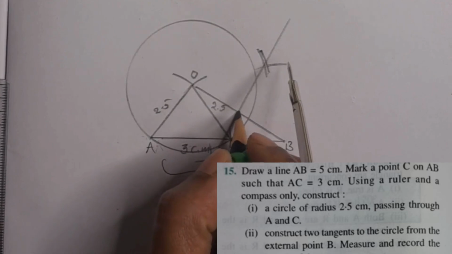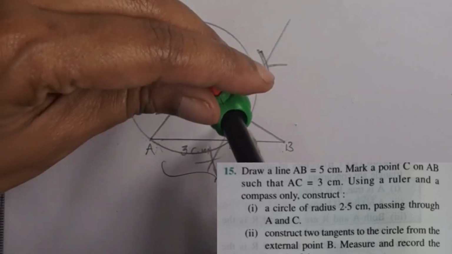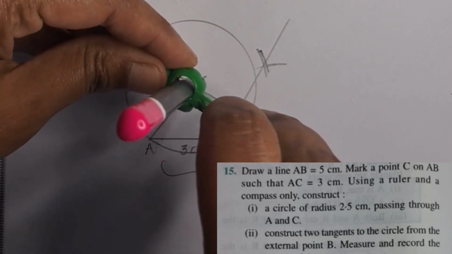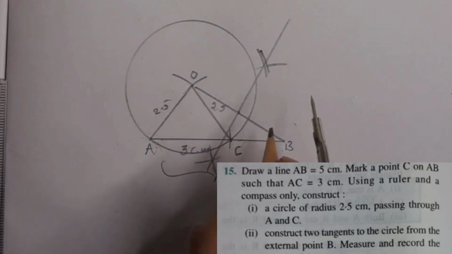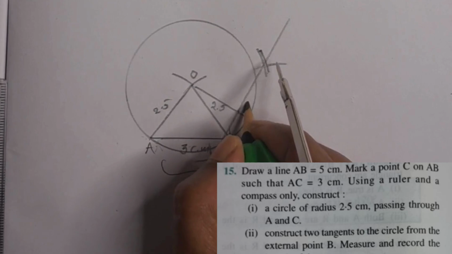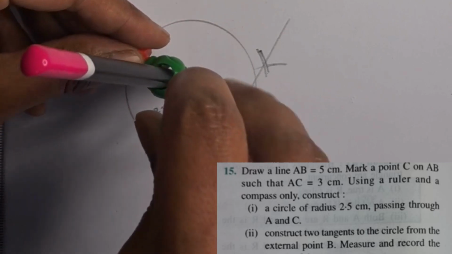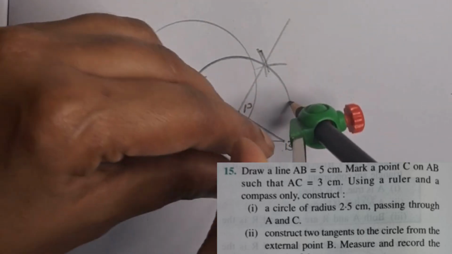Where it intersects, we take P. Taking the measurement P to O, we draw one circle.